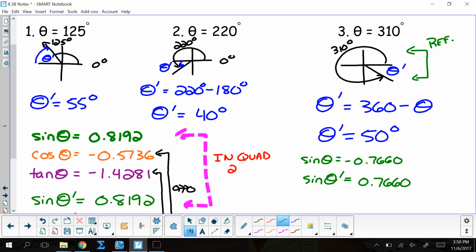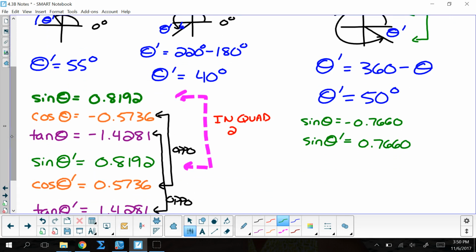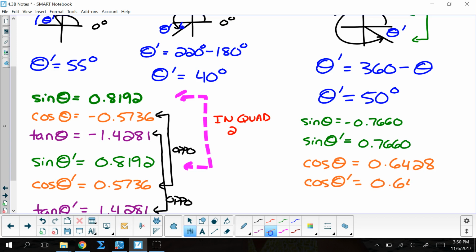The cosine of theta is 0.6428, and the cosine of 50, which is my theta prime, is 0.6428. Again, I'm just typing these in on a regular old scientific calculator.